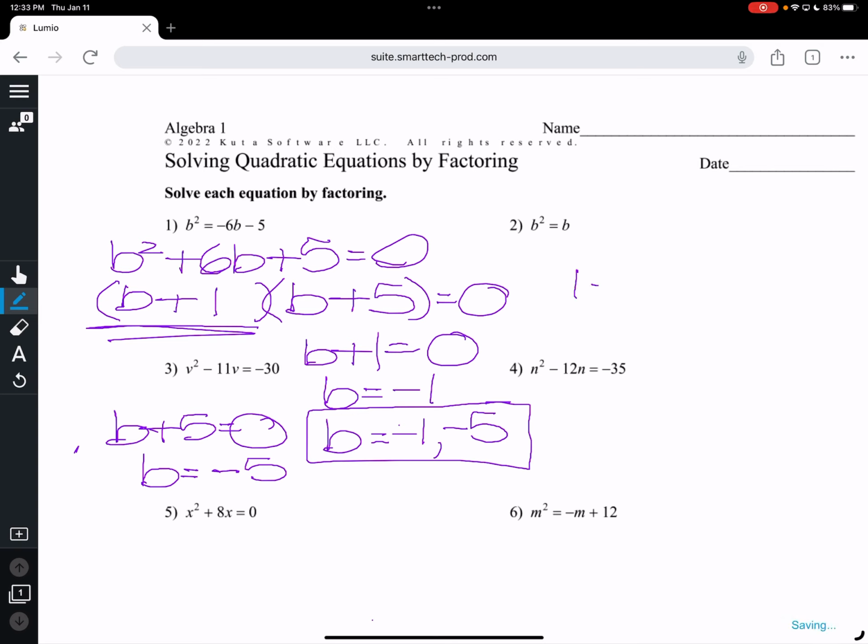So 1 minus 6 plus 5. This is substituting in. And so that gives you -5 plus 5, and that gives you 0. The same thing would happen with -5. You would have 25 minus 30 plus 5. And so that's going to give us 0.